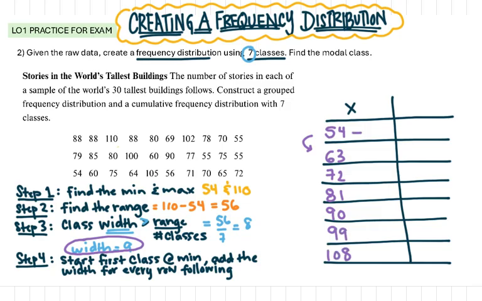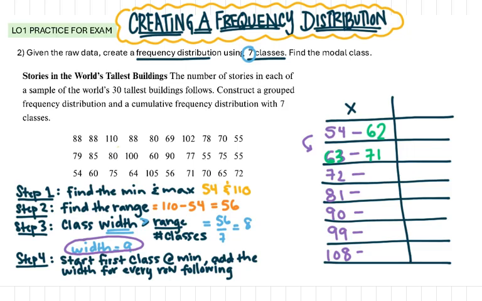Now, it is a grouped frequency distribution, so we must also figure out where is the upper bound of each row, each class. And there's a couple ways you can do it. You could say, okay, up to 63, just but not including. I think when you have these whole numbers like this, it's fine to just say 62, 1 less than the 63 there. So instead, the next row, the third row starts at 72, so we'll end the second row at 71.